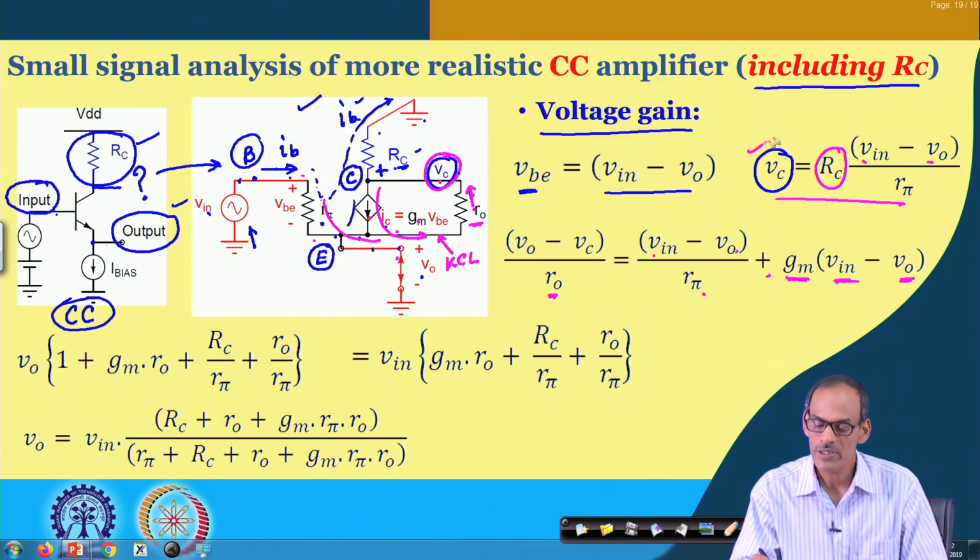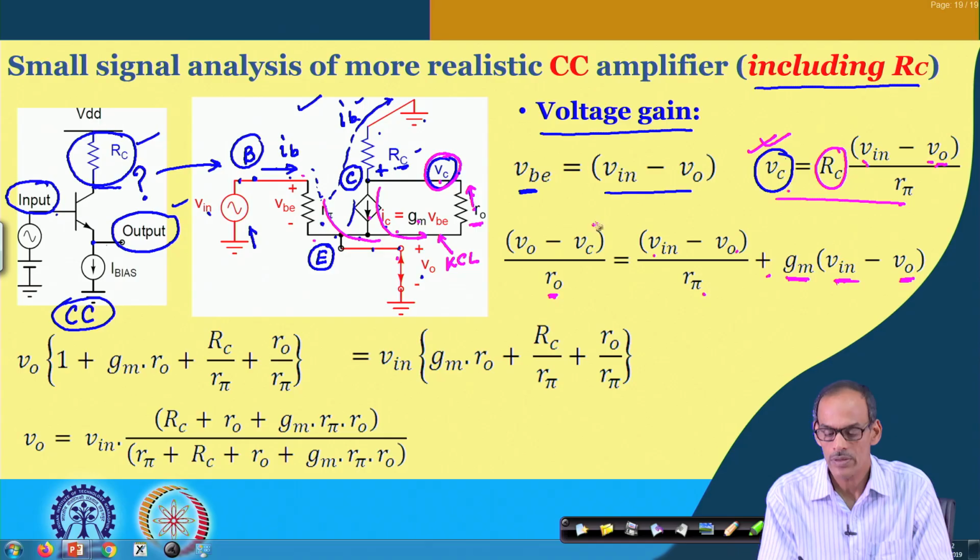Now, this expression of V C is in terms of V in and V O, so this equation can be utilized to replace V C. As a result, we can get an expression which involves only V O and V in.